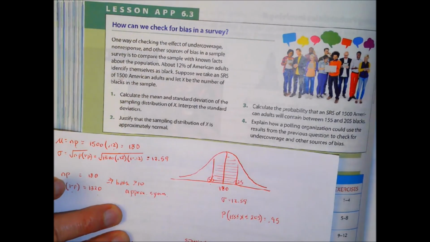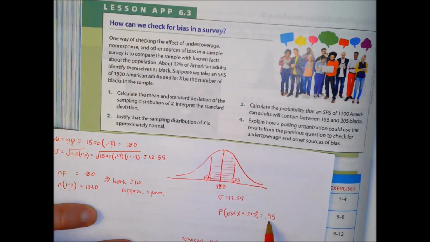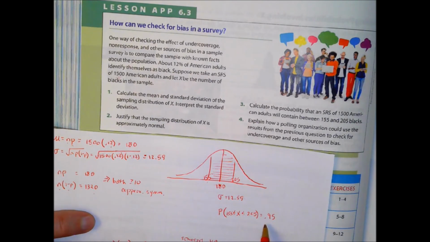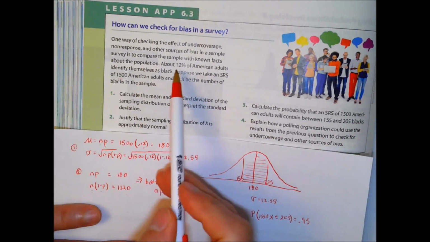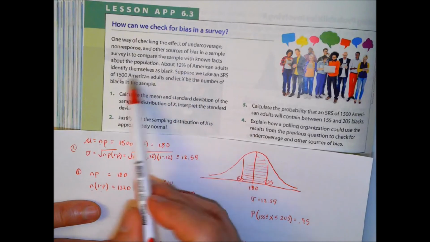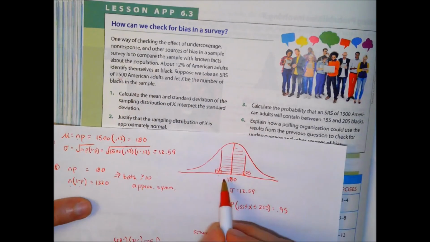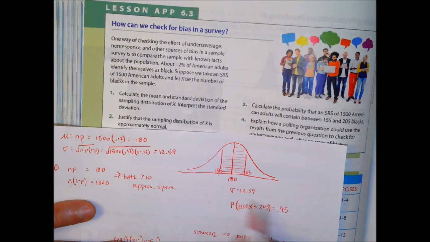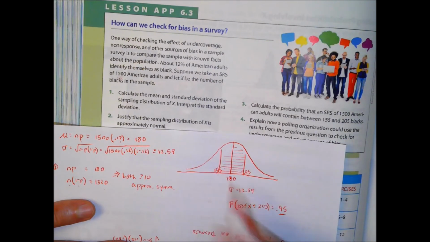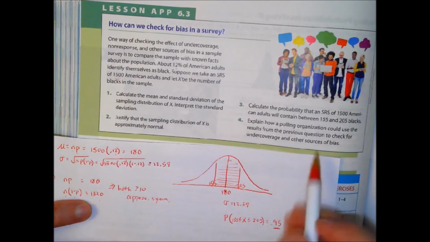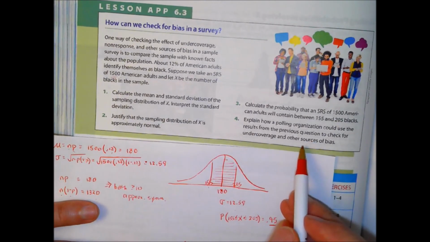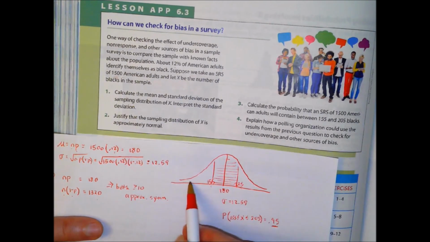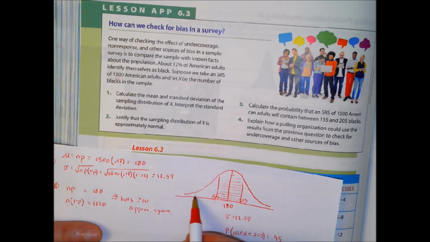Okay, so we had said that there's a 95% chance, based upon what we know about the U.S. population, that if I get a sample of 1,500 people, I have between that many and that many black people. Now, what if they get other results? What if they only get 100 people in the sample that are black?